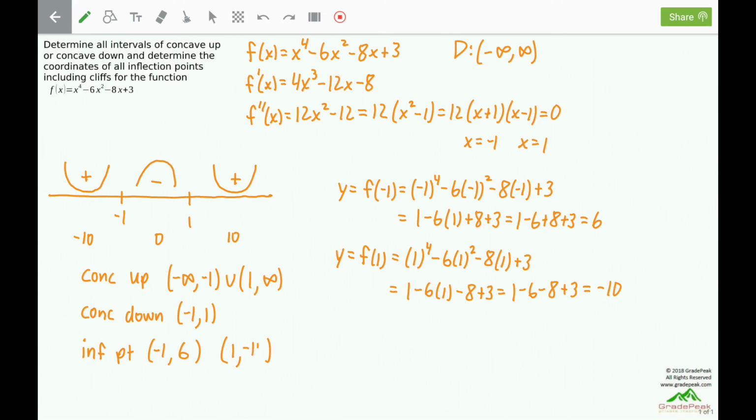So it has a corresponding y-coordinate of negative 10. So we have two intervals of concave up, one interval of concave down, and two inflection points, one at negative 1, 6, the other one at positive 1, negative 10.